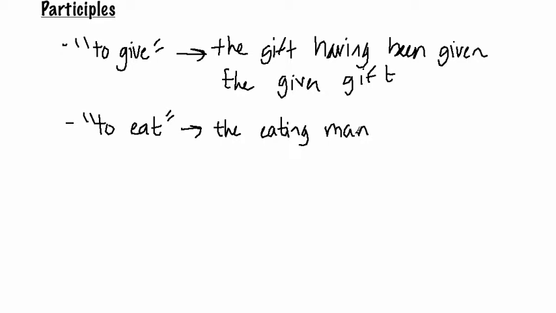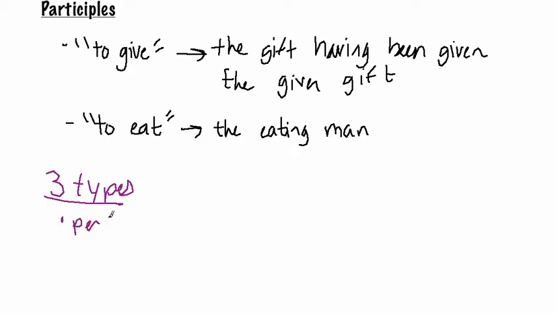And in Latin, there are actually 3 different kinds of participles, and we're going to go over each one individually. The first one is very common and perhaps the easiest to form, and it is your perfect passive participle. Let me write this down. 3 types.